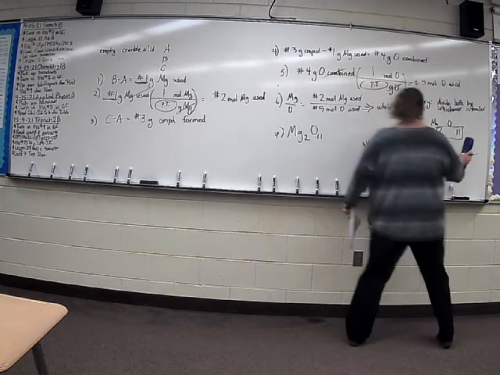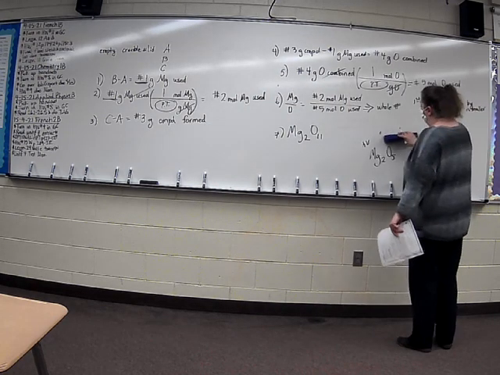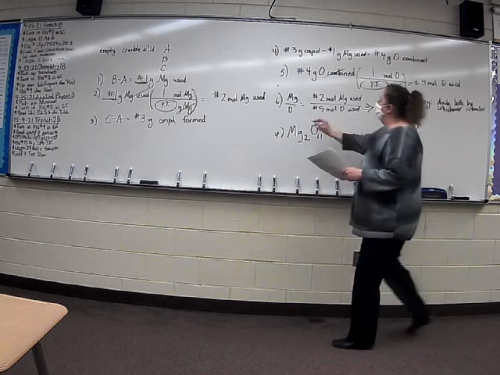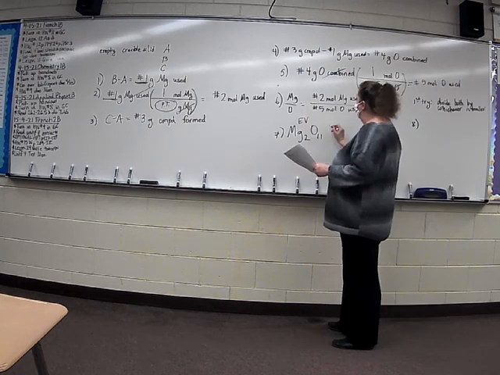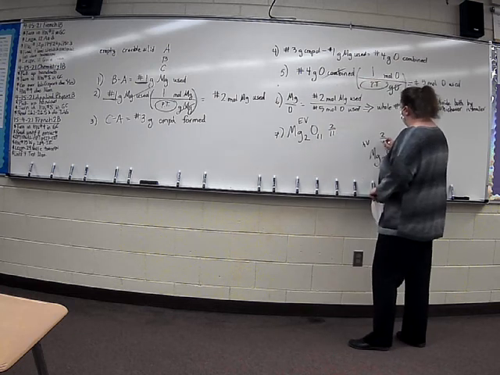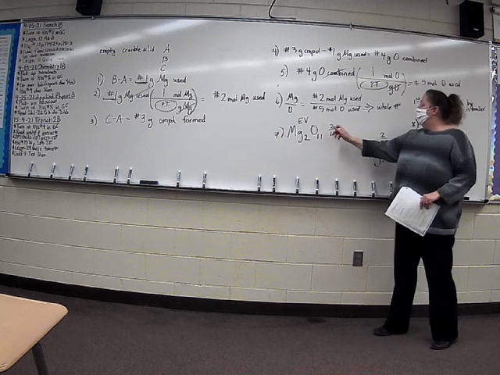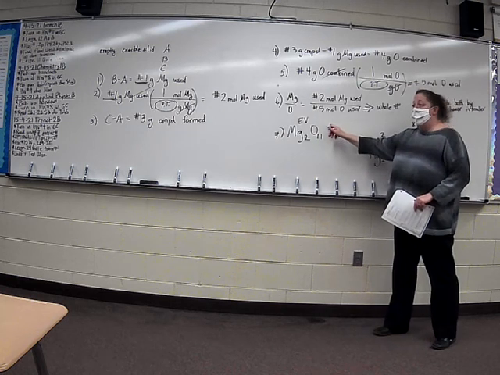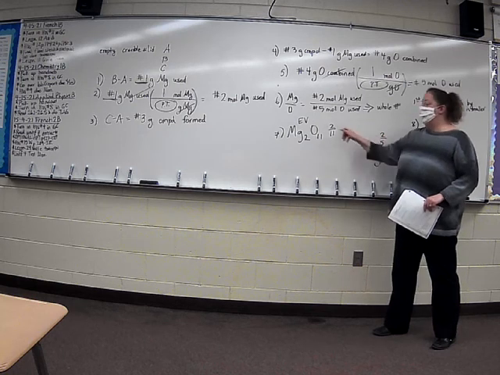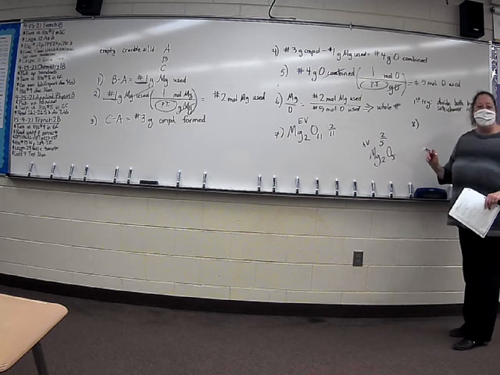Given the numbers I have up here on the board, this is my experimental value, 2 to 11. Here's my accepted value, 2 to 5. It's just important that if I have magnesium on the top here, then I have magnesium on the top of this fraction here. Does everybody understand where the 2 over 11 versus 2 over 5 came from?